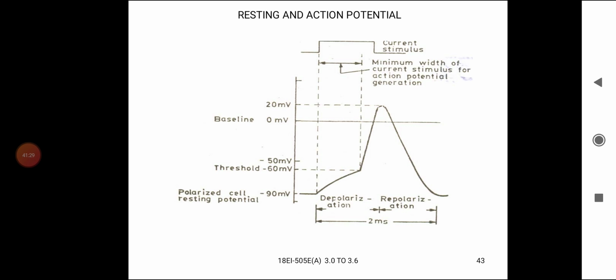Resting and action potentials are shown in the slide. In a polarized cell, the resting potential is minus 90 millivolts.